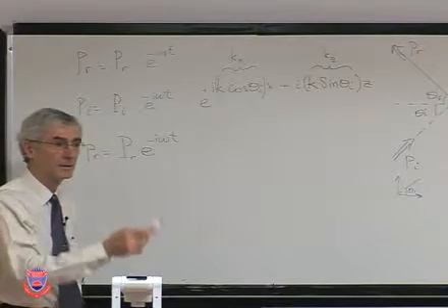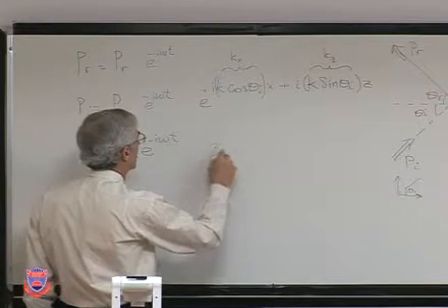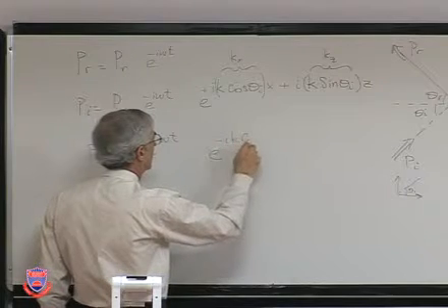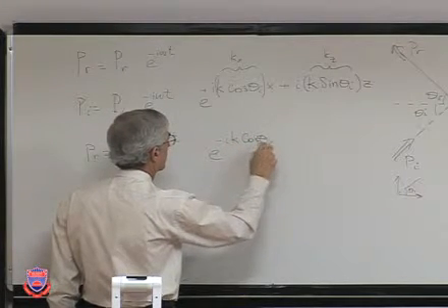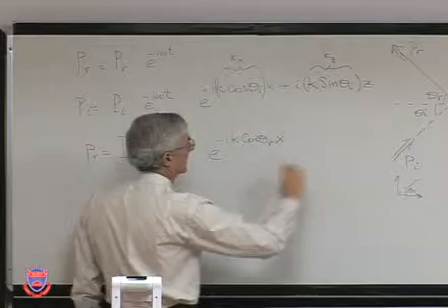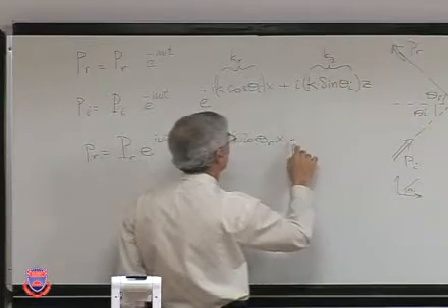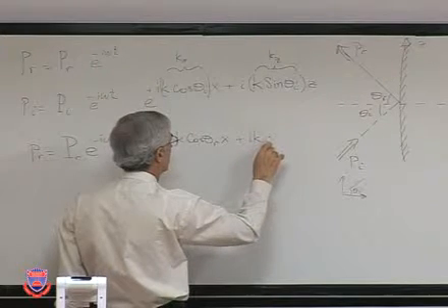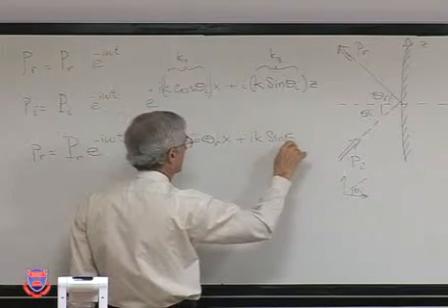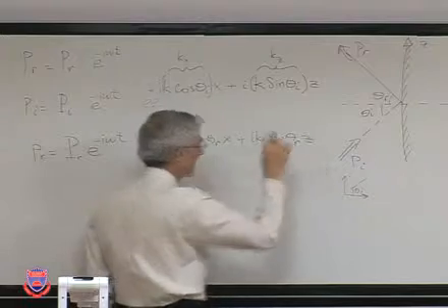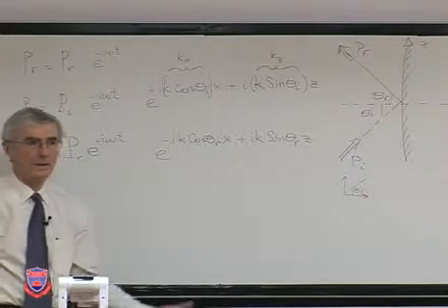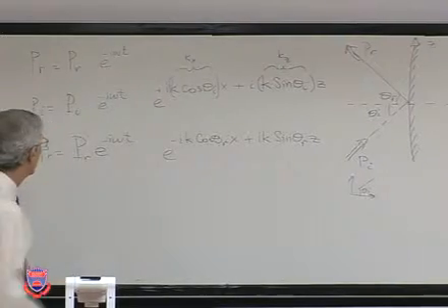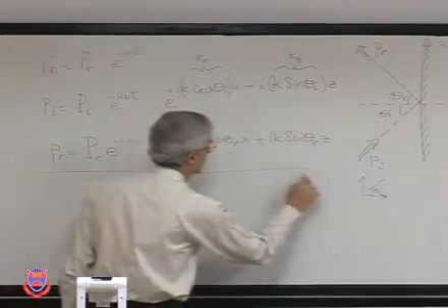E to the power minus i k cosine theta r x, because it's coming in this direction, plus i k sine theta r z. Exactly. Okay, that's the expression. Once you start thinking and doing these, it seems to be a lot easier.